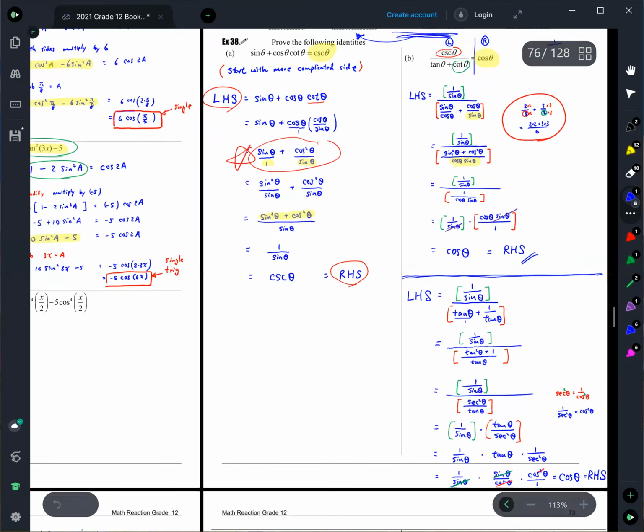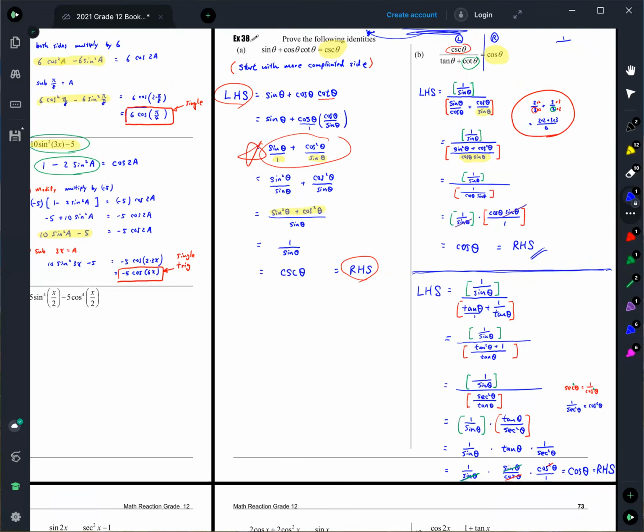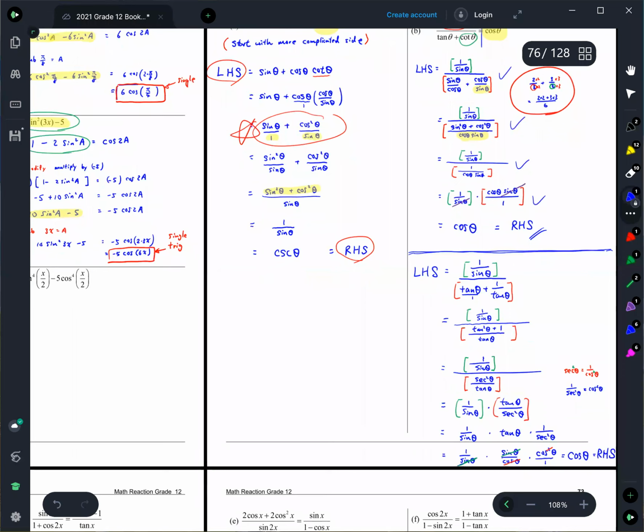Compare the steps we had before in question B: if we use sine and cosine, the number of steps is less, 1, 2, 3, 4. If we do tangent and 1 over tangent, you would have 1, 2, 3, 4, 5, 6.